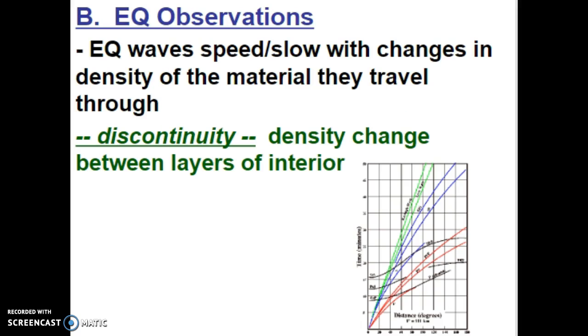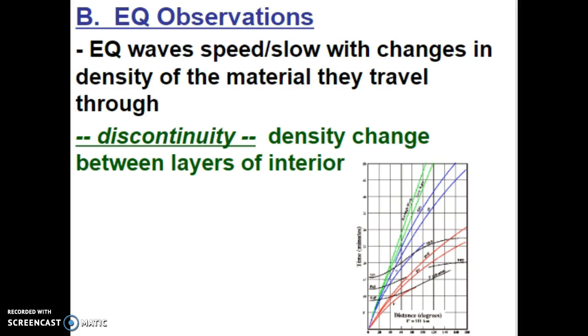If you remember, primary waves can travel through substances that are either solid, liquid, or gas. And remember, secondary waves, or S waves, can only travel through solid materials. So we can use that information with those two types of body waves.